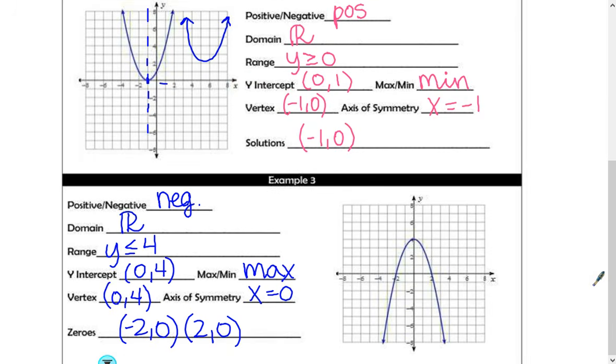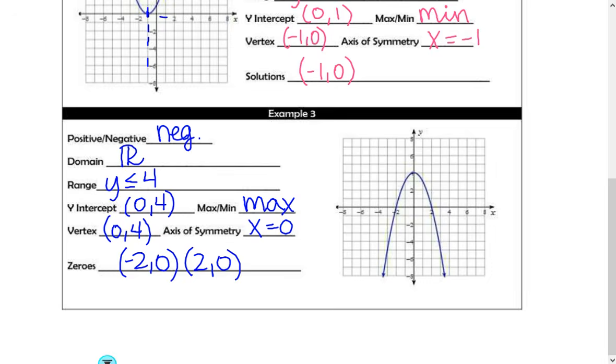Okay, and then our last one here. See, most common mistake I saw for this one, again, is the axis of symmetry. So again, kind of tricky, but you got to think, where is this cutting through my x-axis? Well, this is 2 on my x-axis, this is 1 on my x-axis, and this would be 0 on my x-axis.